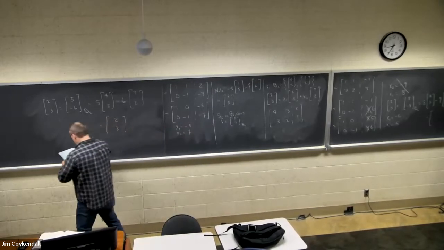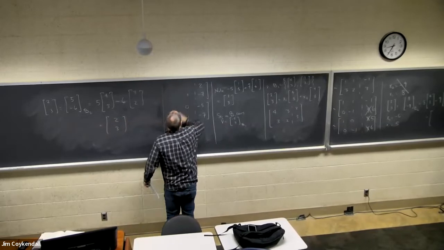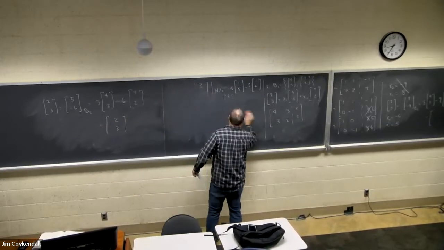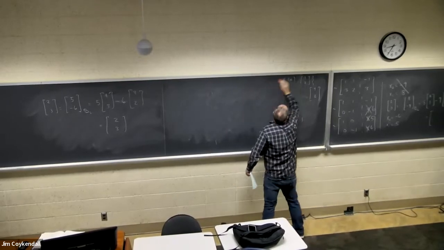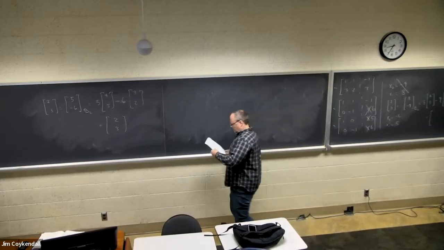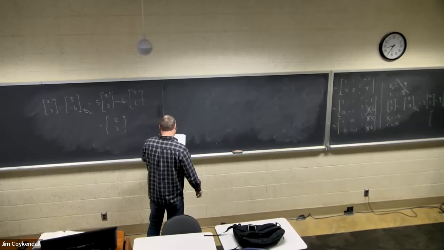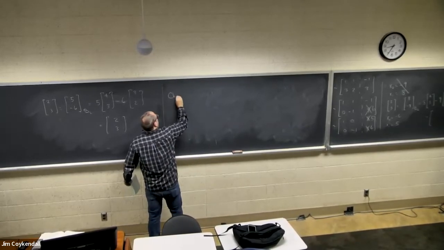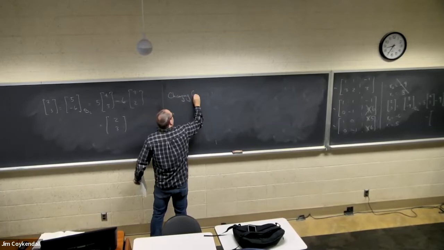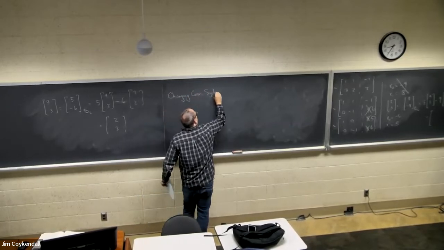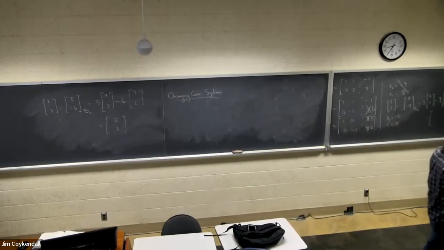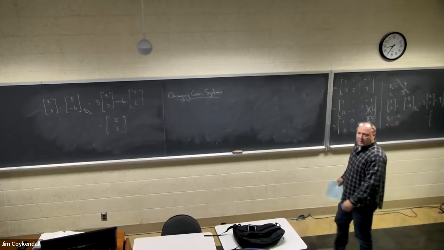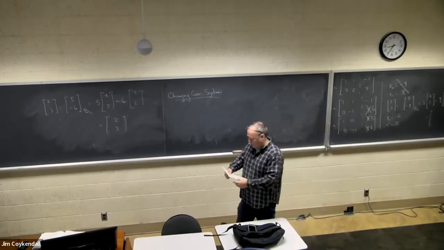Let me make an observation here. We're going to do a more full treatment of this as we progress. But here, I'm going to tell you how to change B coordinates to the standard coordinates. And there's a matrix for this, which might not be surprising.